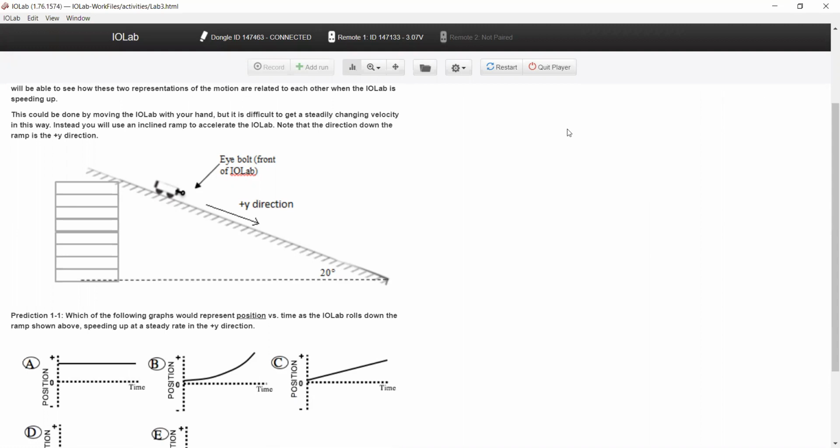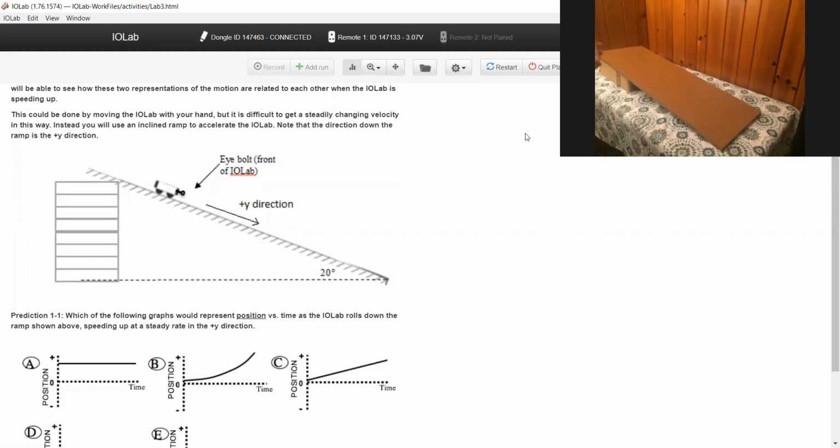Again, to remind you, as I have been reminding from the beginning of the lab: in the IOLab device, if you see the direction of the positive y-axis, it is from the single wheel towards the double wheel, but that is not the actual direction of the positive y-axis used for the lab in the IOLab system.